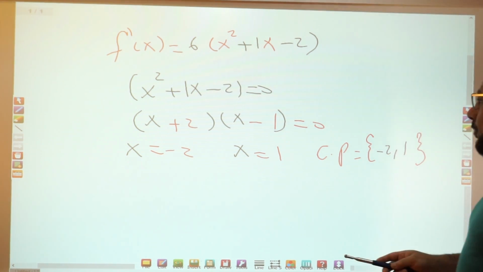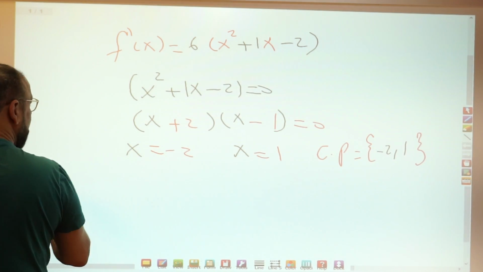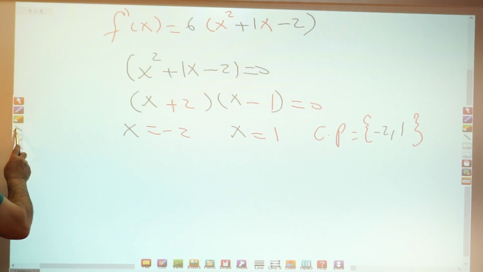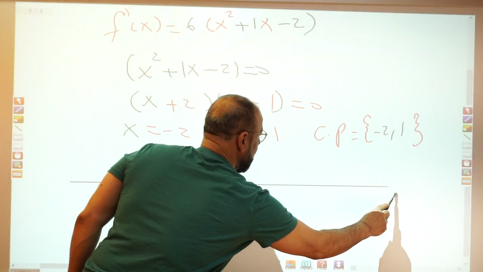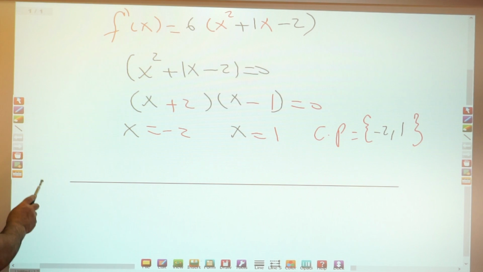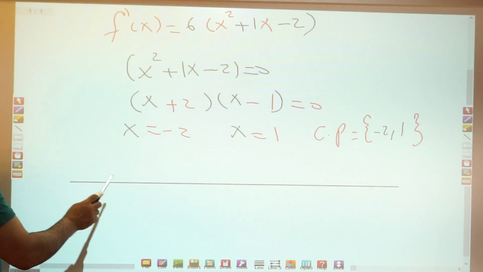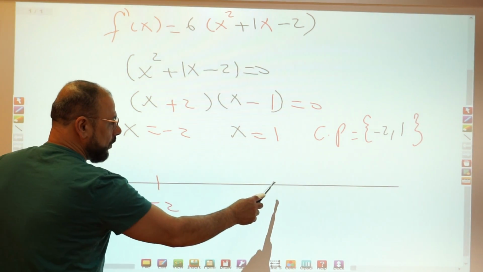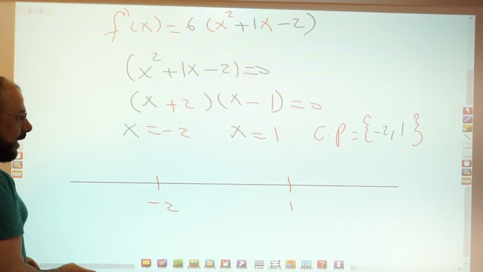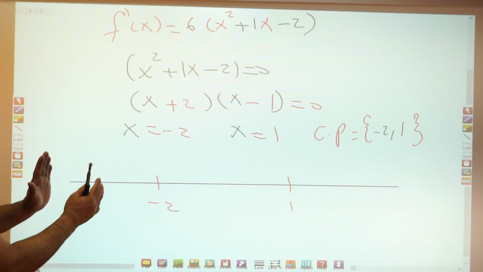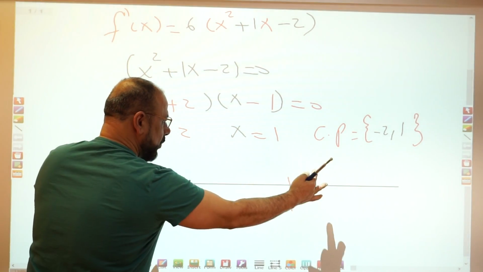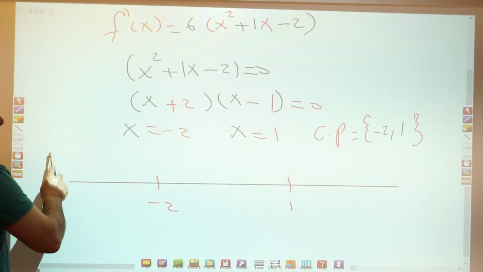Now I have to draw this on the number line. I have my number line here with negative 2 and 1. The step after that is to choose 3 test points: one in the middle, one to the right, one to the left. Let me just move all this down.